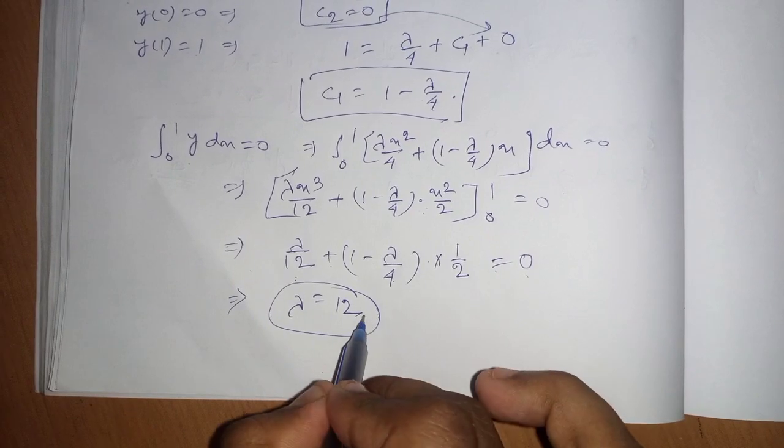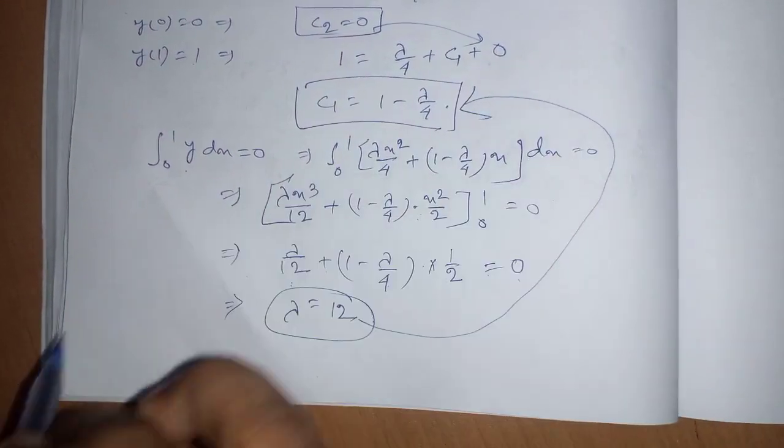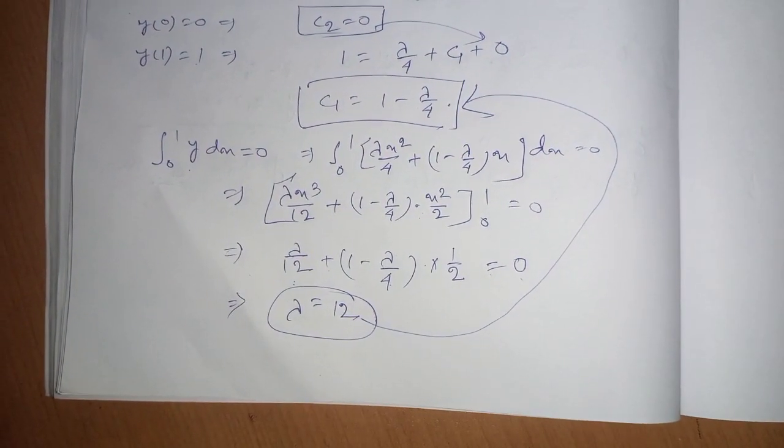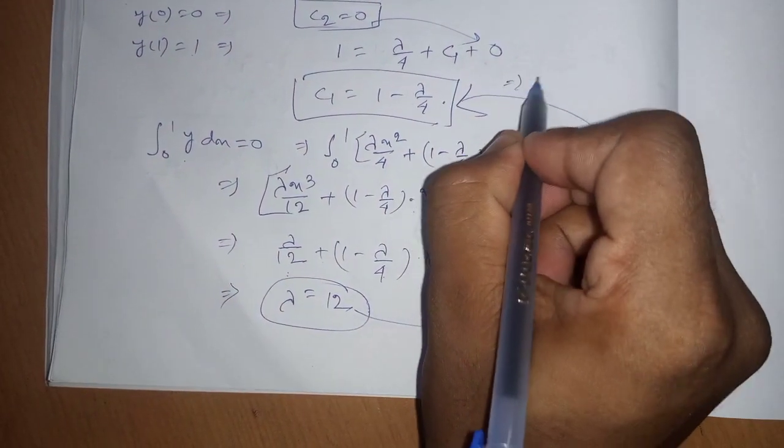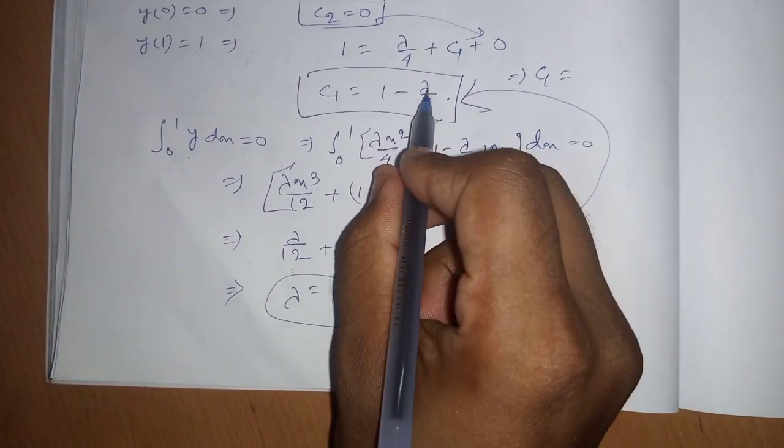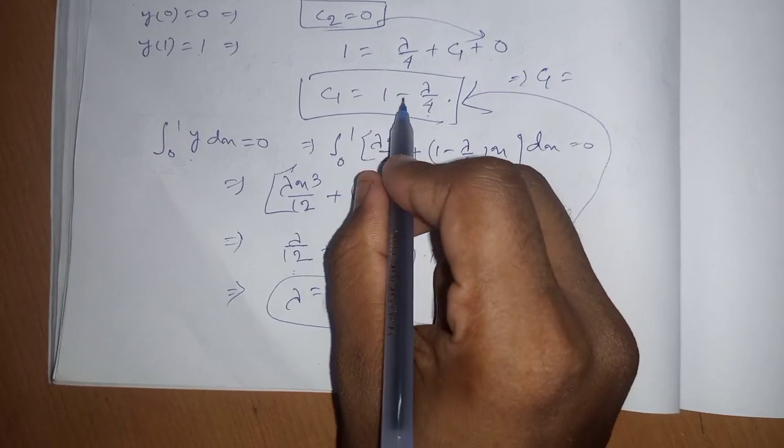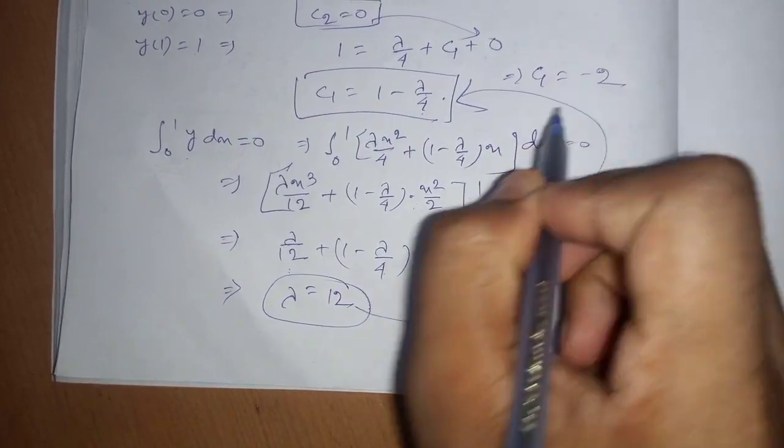Now put this value here to get the value of c1, and you can see the value of c1 is 1 minus 12 by 4, that is 1 minus 3, so minus 2.